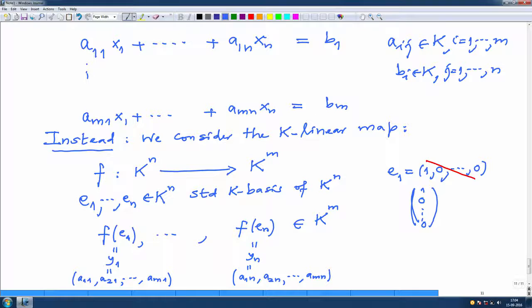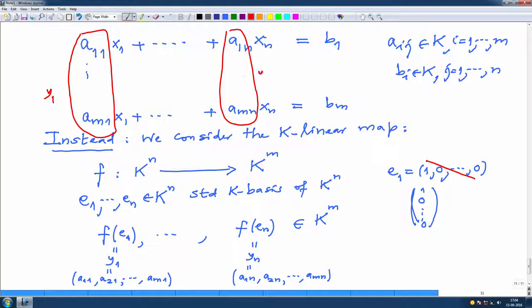These should be m-tuples, so this is the first column. This vector Y1 is nothing but this one. This is Y1, and this is Yn. Right. So that is how the linear map is defined.